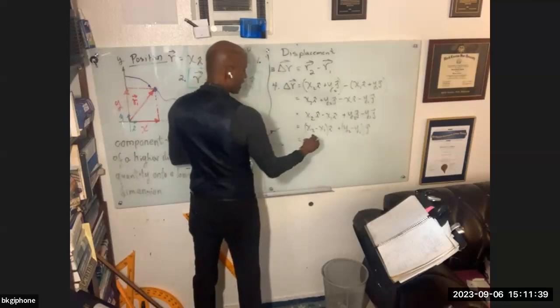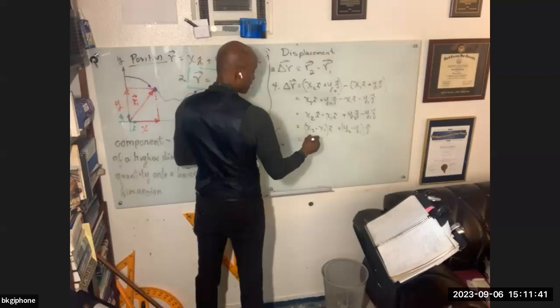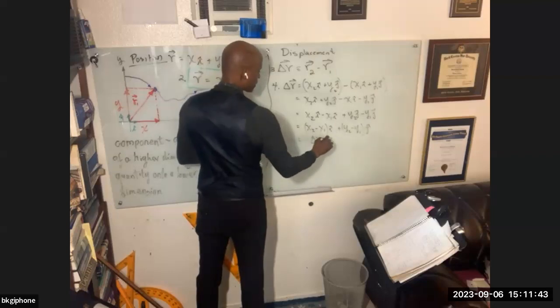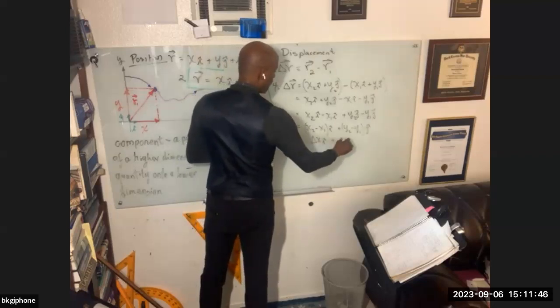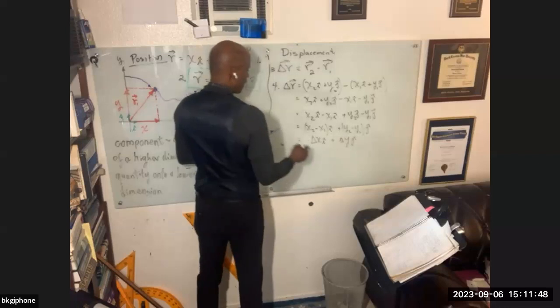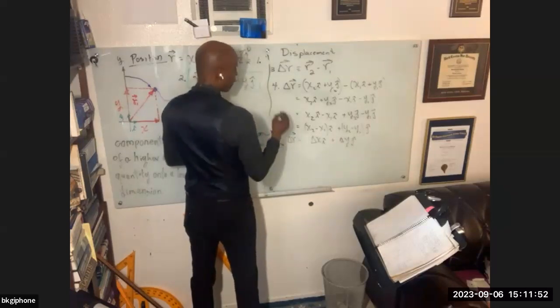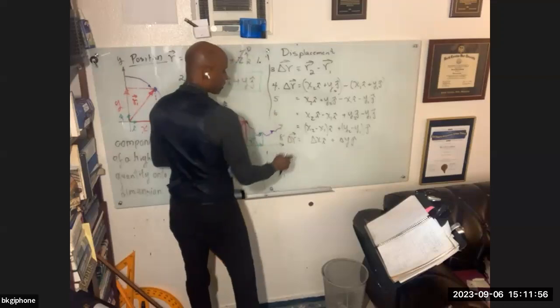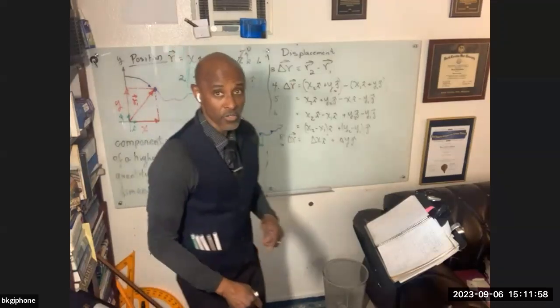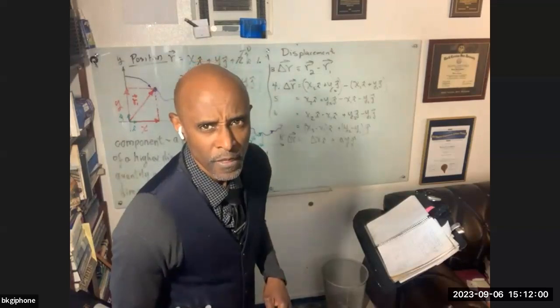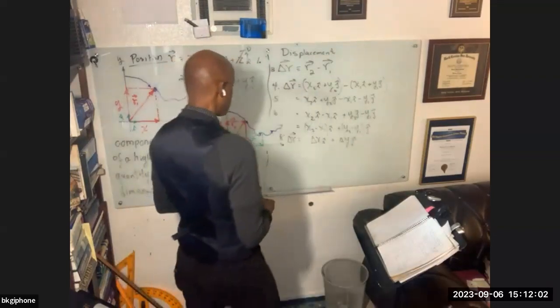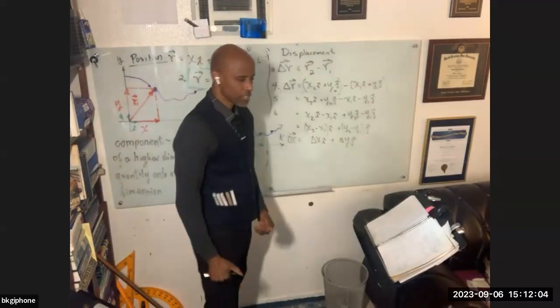So ultimately then x2 minus x1 by definition is a delta x along the i direction plus a delta y along the j direction. And now we can see what the components of delta R are: delta x i and delta y j.